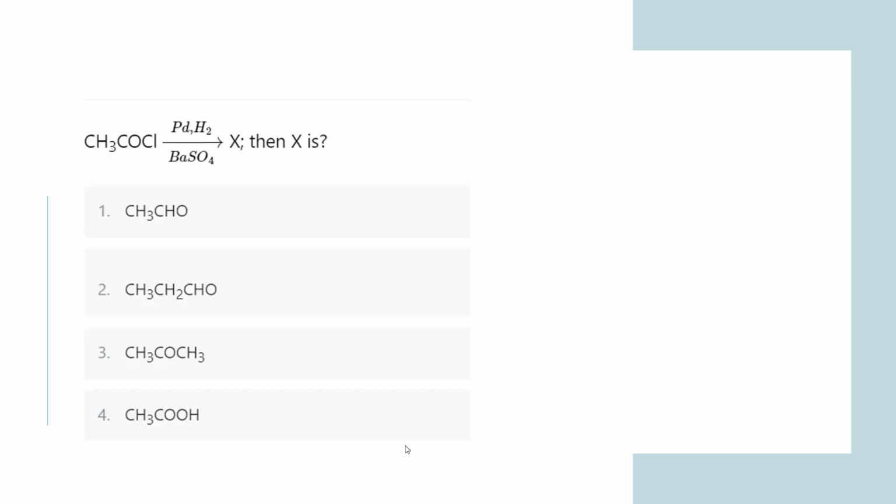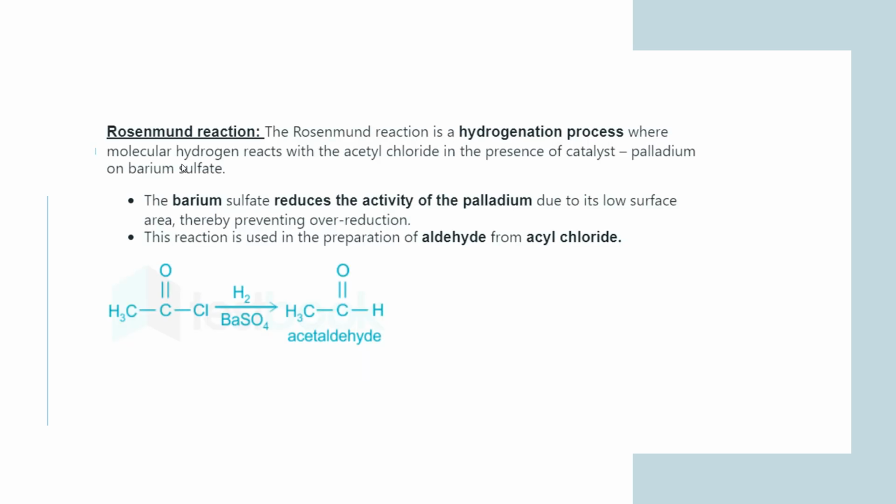And then in the next question, we saw that this acid chloride was undergoing Rosenmund reduction in presence of hydrogen and palladium supported on barium sulfate, and we were getting acetaldehyde as the major product.